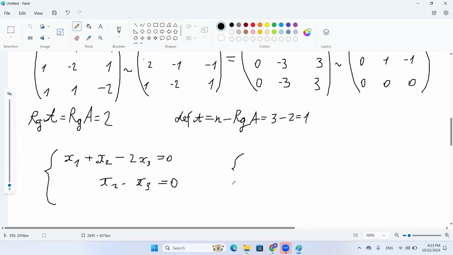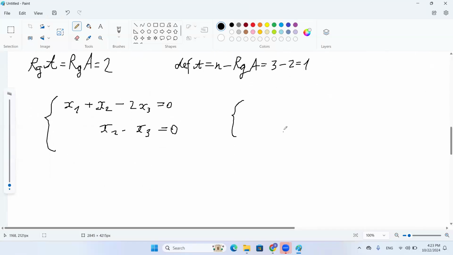So x1 and x2 are basis variables, and x3 is a free variable. So x2 equals x3, they're equal, and x1 equals minus x2 plus 2x3, and it equals x2 or x3.